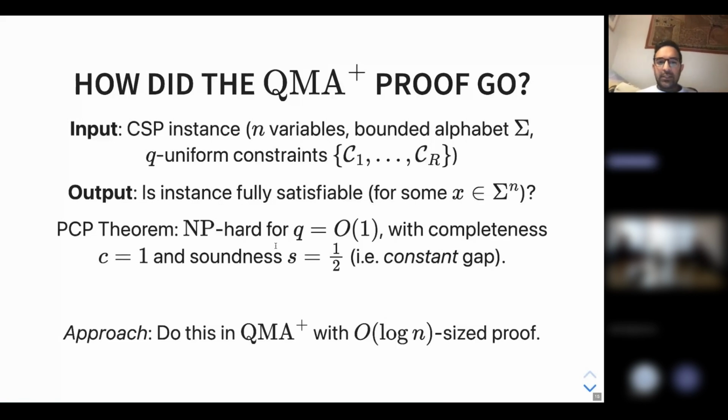The approach is to do this in QMA plus with a very small witness, log n qubits. If you can do this in QMA plus with log n qubits, you scale everything up from n to 2 to the n, and instead of NP-hardness you get NEXP-hardness. So this is how the QMA plus equals NEXP proof goes.